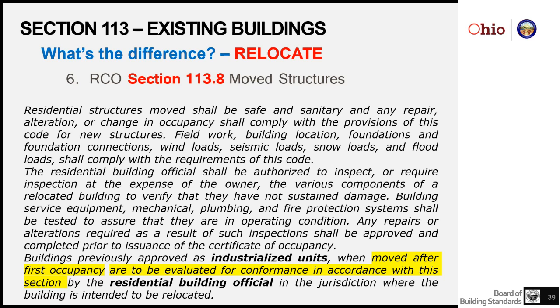Oftentimes, if that is discovered, usually what happens is application of section 113.8 for moved structures applies to that modular unit. The building department needs to make sure that it's safe and sanitary. They need to make sure that all the systems are in operating condition.